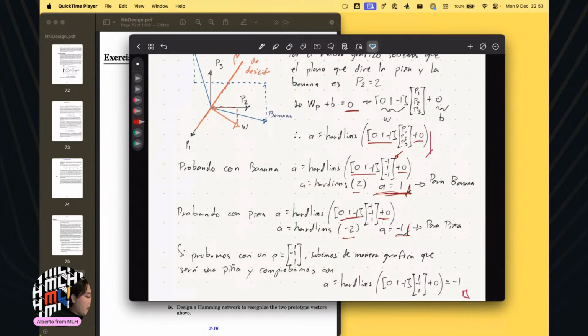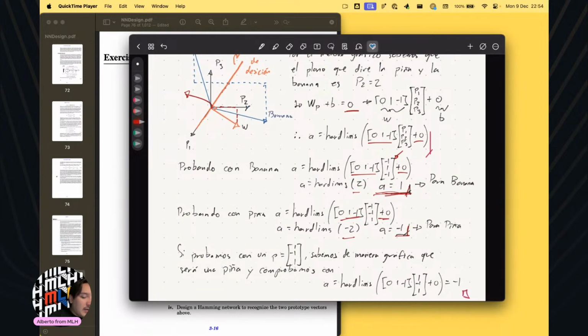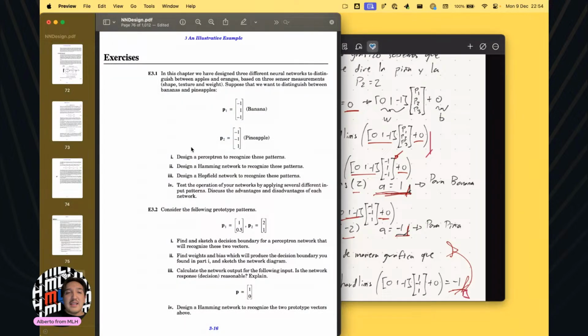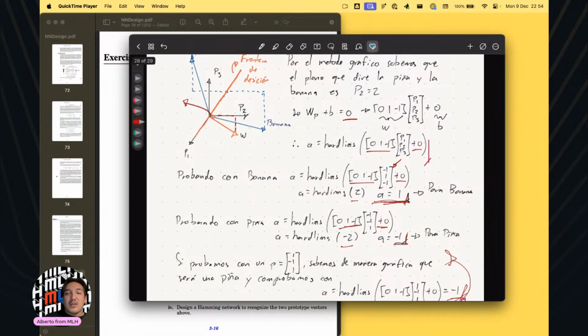We say 1 in P1, -1 in P2, and 1 in P3. It will be something like this. We know it will be classified as pineapple. It will be a -1, the same as pineapple. That's all the proof we wanted to know this is well designed. Nice. So for this exercise, we complete the classification, and it's the same as in the book, but changing the values.